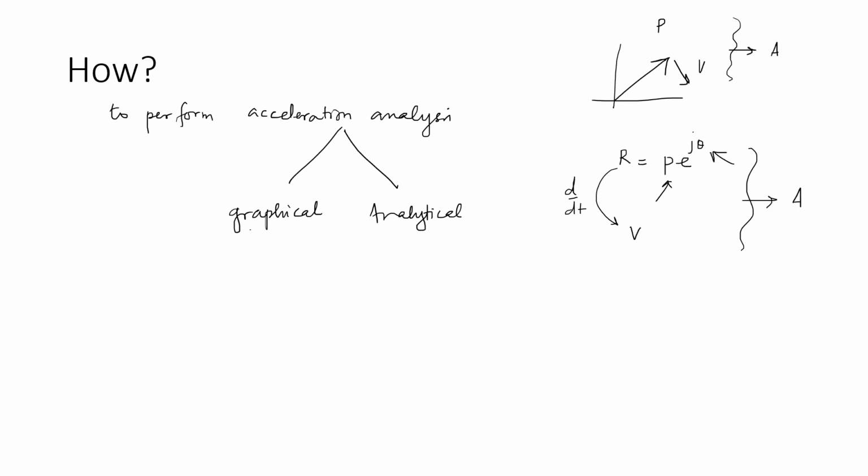So both the graphical as well as analytical methods are going to be used over here. But in order to achieve the acceleration analysis, we're going to first start from performing the acceleration analysis for single body systems. We will do that first, and then we will move on to multi-body systems.